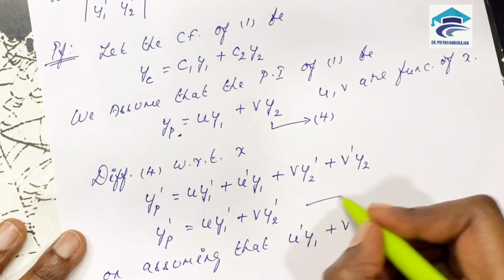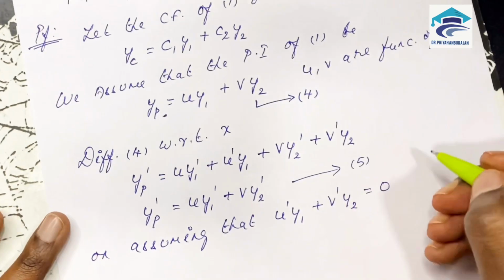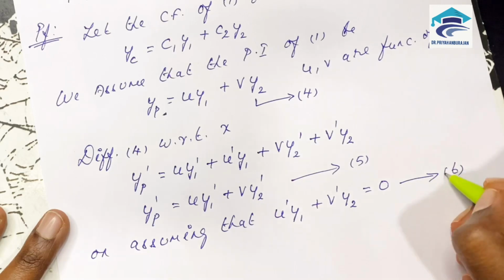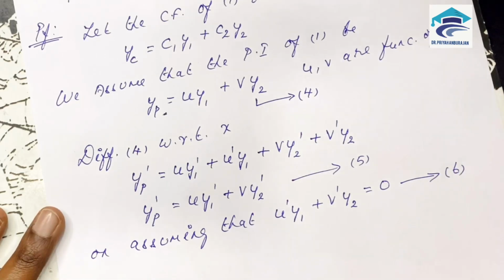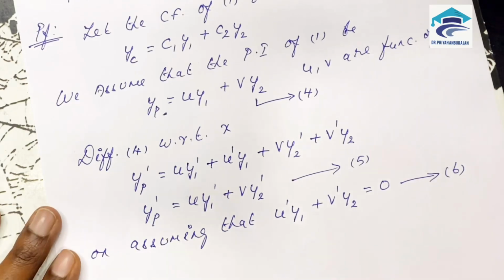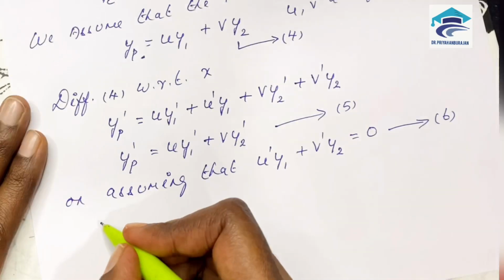So let me take this as equation 5 and let this be 6. Now we have y dash, and what about y double dash? We need y double dash. So let me differentiate this again.